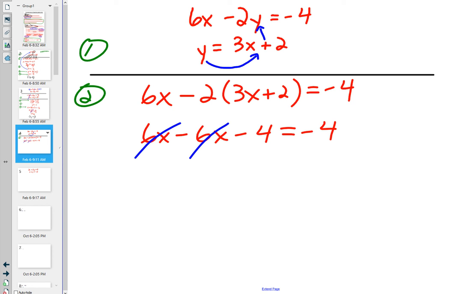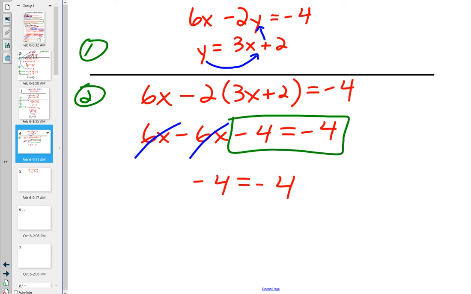What am I hoping they taught you to do? Drop the leftovers down as if they were hot. What are the leftovers? Leftovers say that negative 4 is equal to negative 4, and then ask yourself, is this a true statement? Yes.